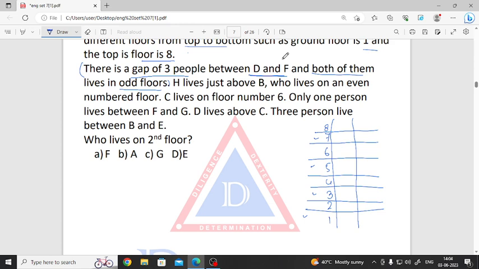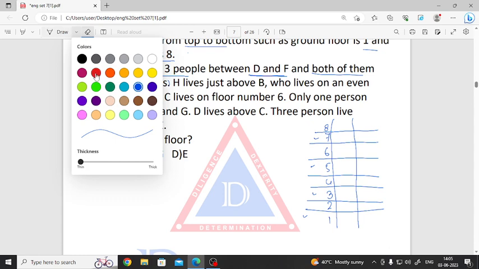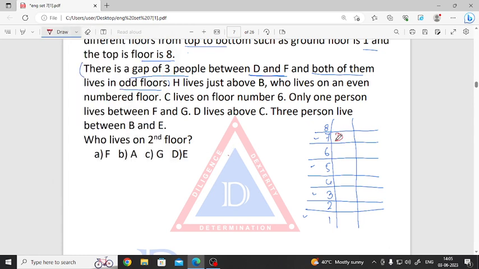So if I write D here, then gap of 3, 1, 2, 3, that means F should be here. See, both are on odd number floors. And if we write D here, F should be here. I am just taking the possibilities.